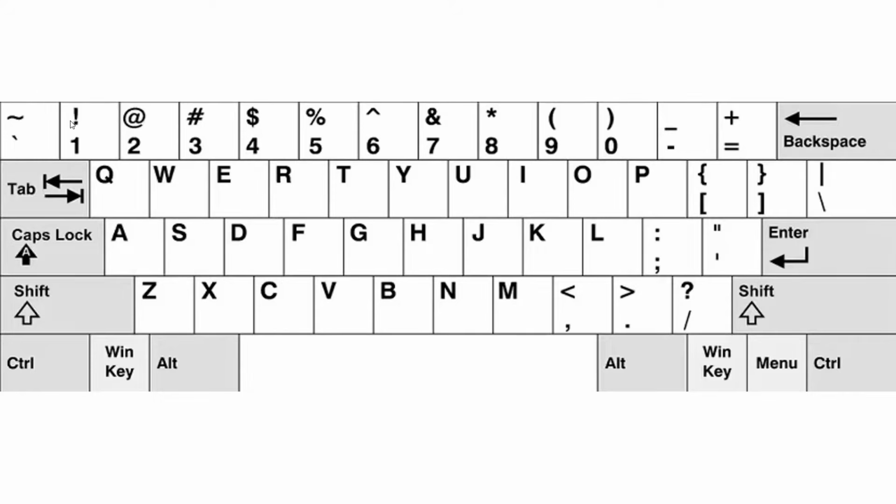But if you want to use the characters that are above these ones, that is the ones on top, you see this square bracket and curly bracket, you see this question mark, then you need to activate, or press, a shift key. So when you hold your shift key, this is a shift key.